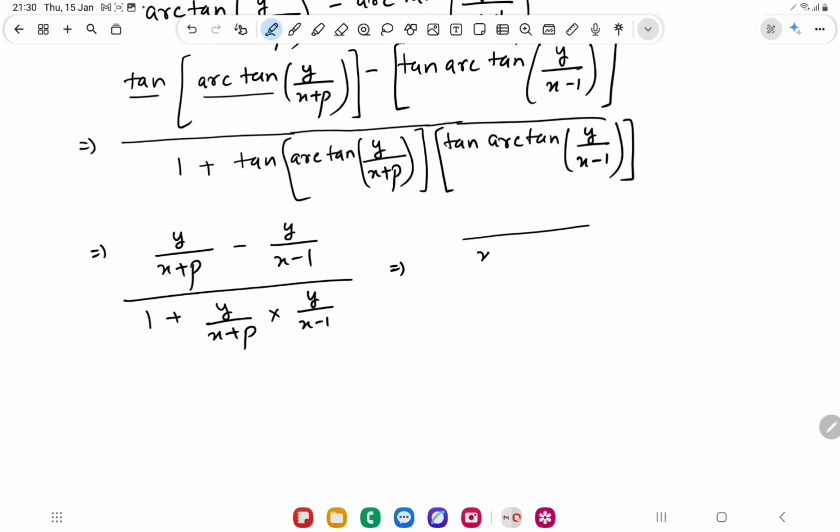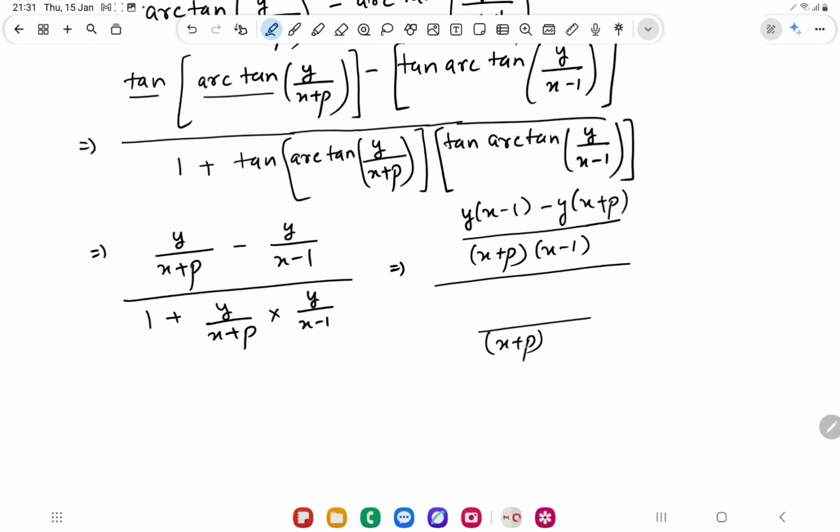Now I will take the LCM. So x plus p into x minus 1, I will further simplify this. x plus p, this is for the numerator, and for the denominator also I will take the LCM, x plus p and x minus 1. So this 1 will become x plus p into x minus 1 plus y into y is y square.